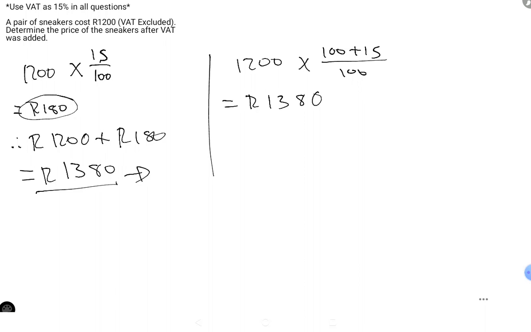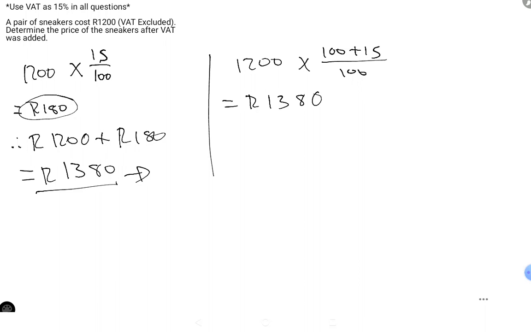On the other side, it is similar to the previous one that we did. So you've got 1,200, and then you multiply that because you want the amount that is 100% plus the VAT. Do you see that? So the 1,200 rands is the 100% cost of the sneakers.